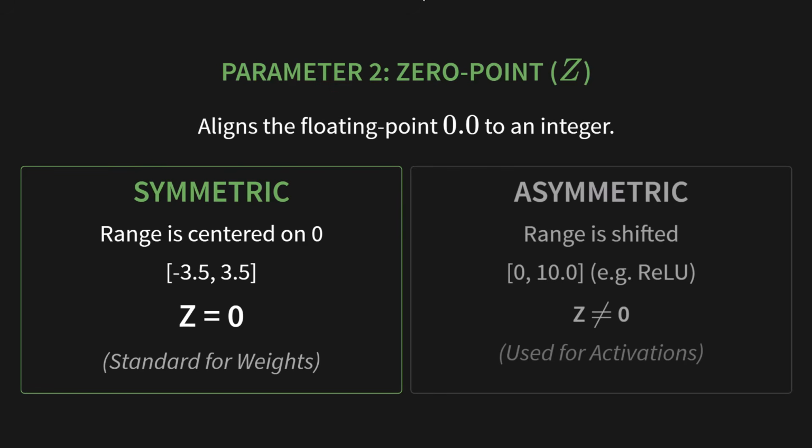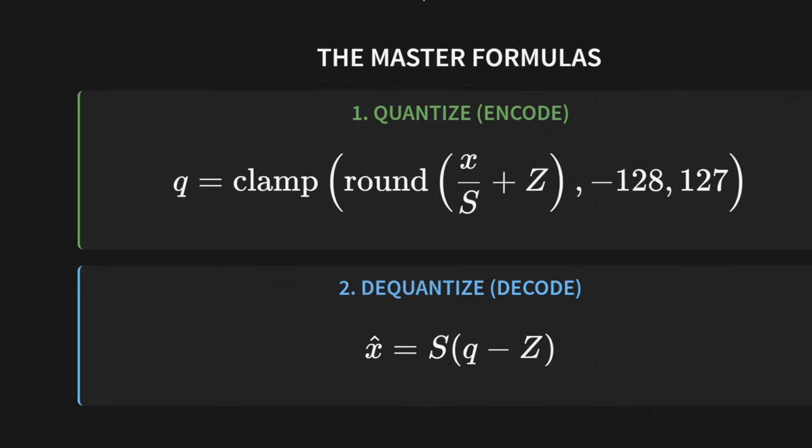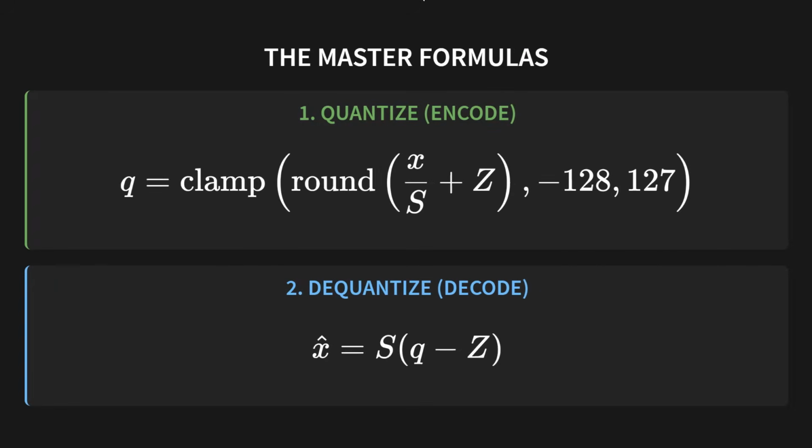And all of this, all of quantization, boils down to these 2 master formulas. First, to quantize, or encode a float into an int, we take our float, x, divide it by the scale s, add the 0 point z, round it to the nearest whole number, and then clamp it to make sure it's in our allowed range from -128 to 127.